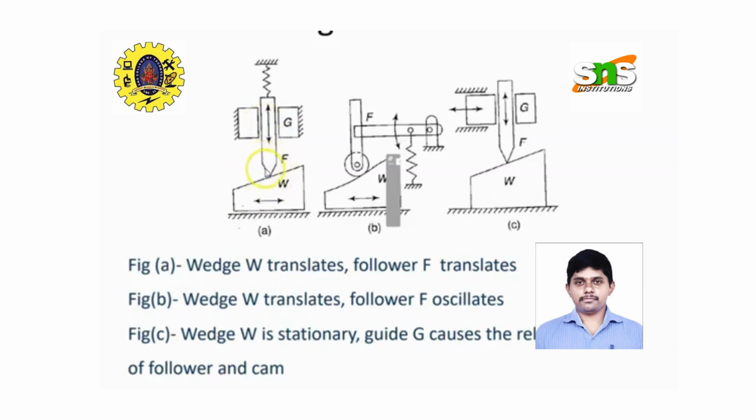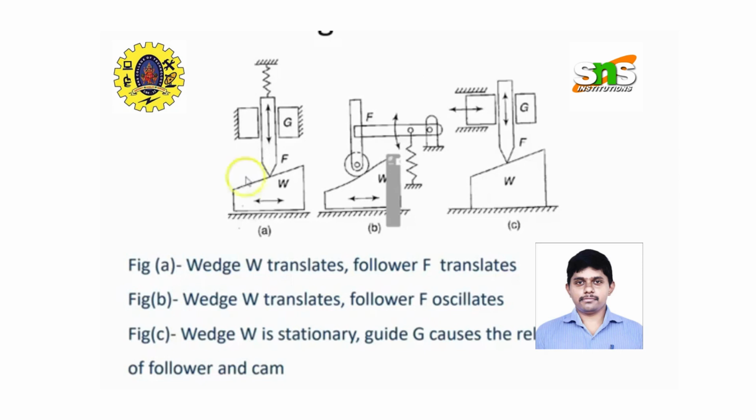Generally, wedge shape means it appears like a trapezoidal shape. Here in this diagram, this is the wedge shape, and W represents the wedge. Here this is the valve, or otherwise the follower. This kind of follower we normally call a knife edge follower.